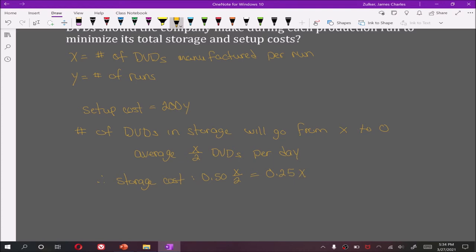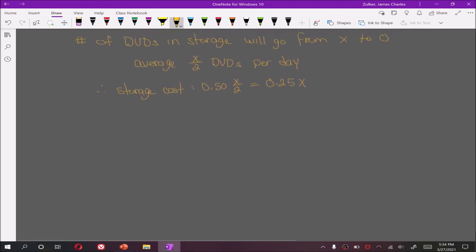Now, total cost is setup cost plus storage cost. We also know that X times Y has to be 20,000, right? Since the company is anticipating 20,000 copies of demand, then that's the maximum number that we should produce.